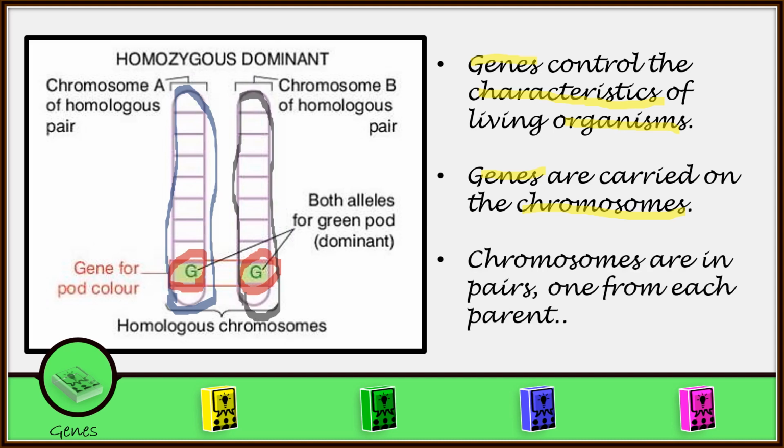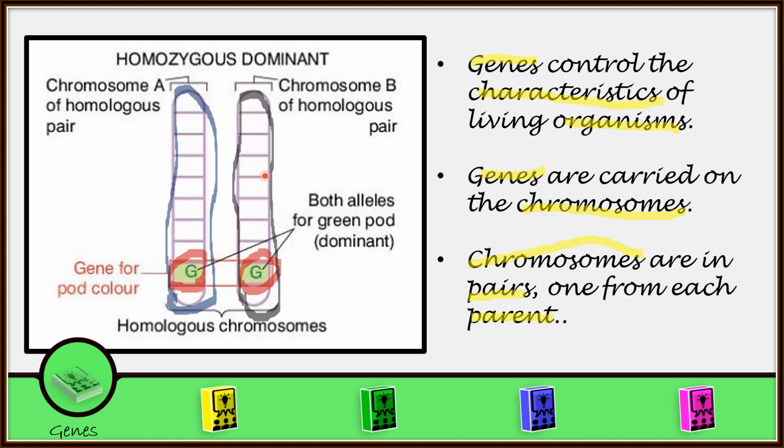The chromosomes are in pairs, one from each parent. Here we have two chromosomes, which we call a pair of chromosomes.